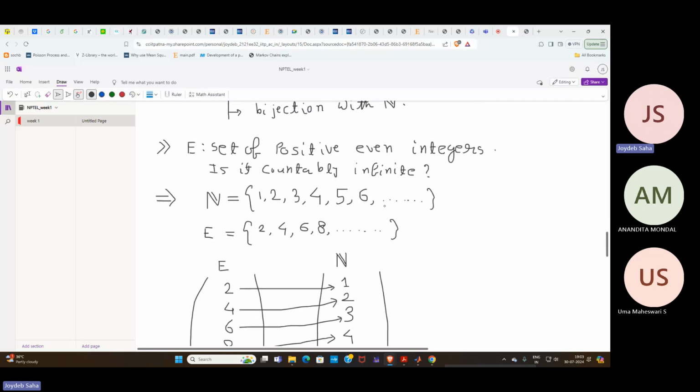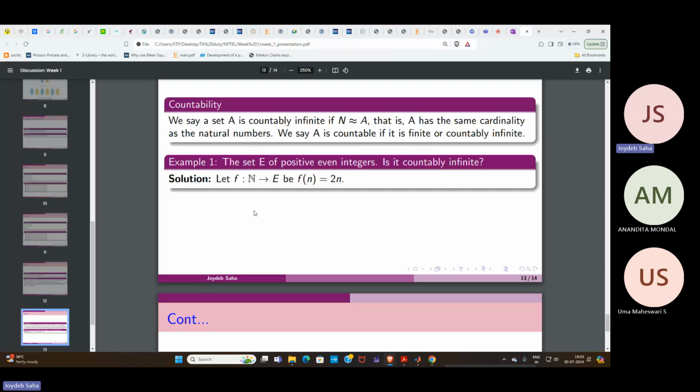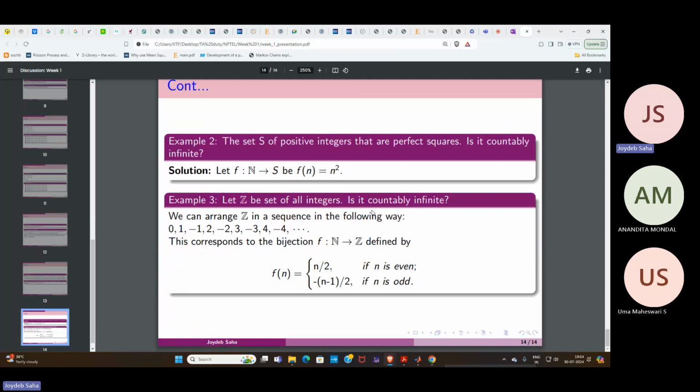So the answer is yes. Or in terms of mathematics, we can say that f is a function from N to E, and f(n) is equal to 2n. So it is countably infinite.